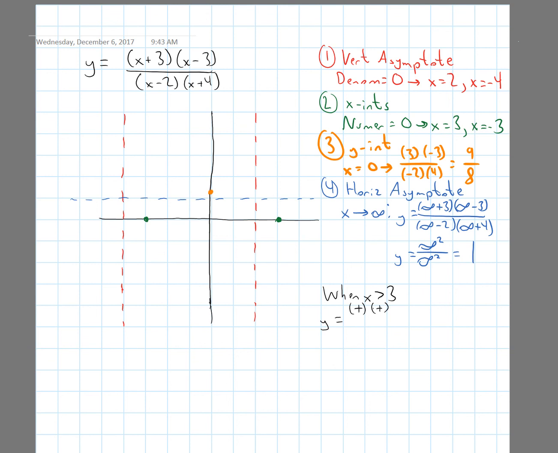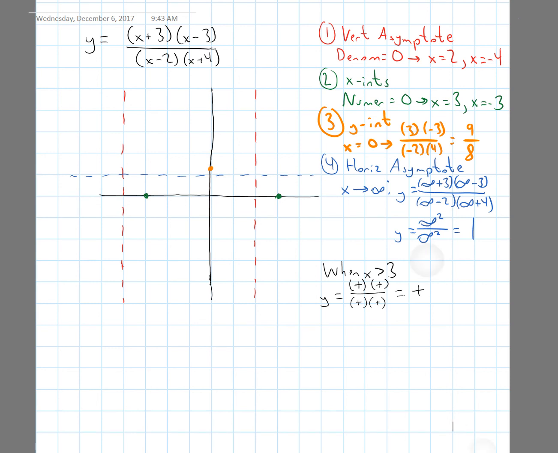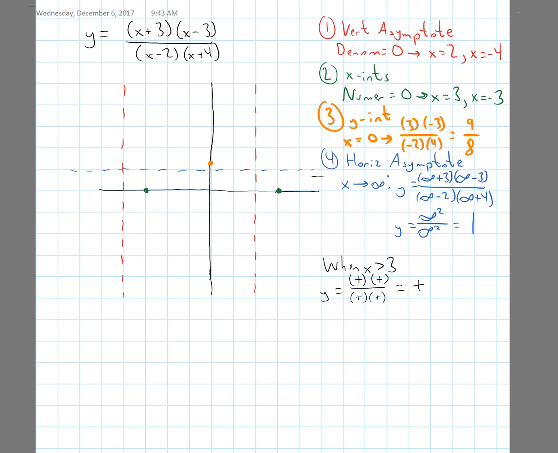Next one will still be positive. All positives. Right? This is all positive. So it's going to start above here, approaching the asymptote but never touching it.